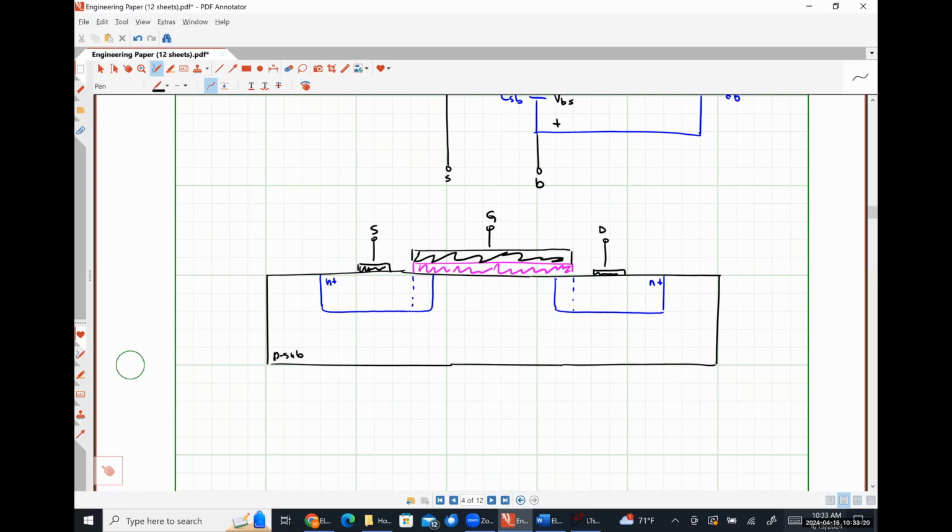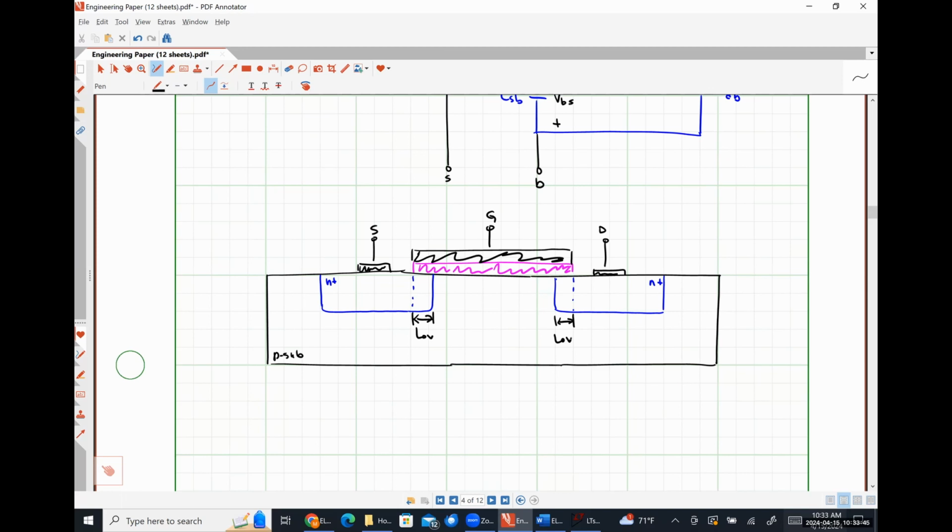All right. So let me define a couple of critical things here. This is my overlap distance, and it is how far my gate oxide layer extends into the drain region and the source region.